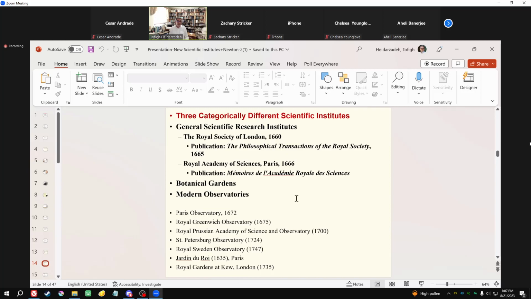We had Ole Romer coming from Denmark. He was the first person who astronomically established the speed of light by comparing the motion of satellites around Jupiter. Sometimes Jupiter is closer to the Earth, sometimes it is away. Actually, we are moving faster than Jupiter.